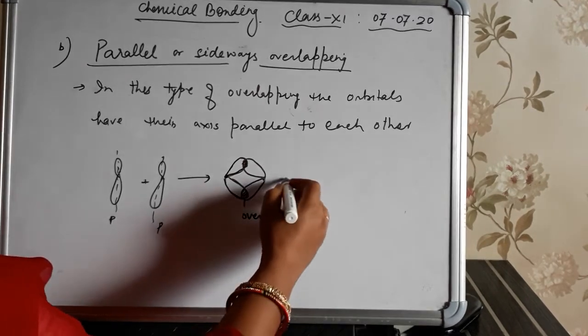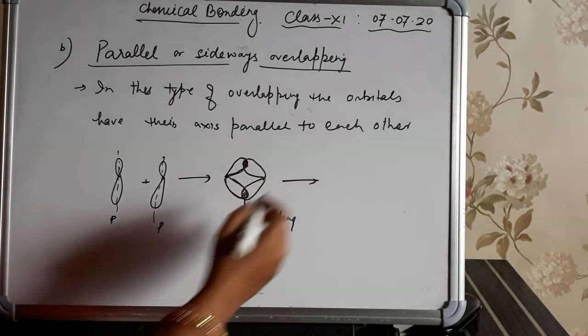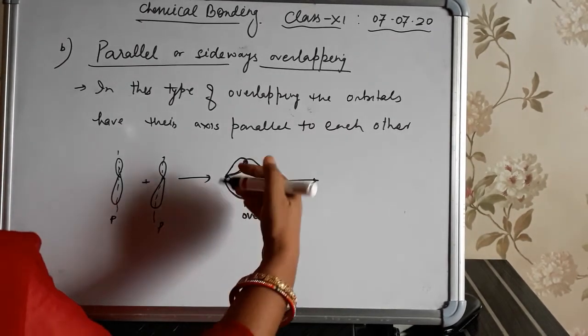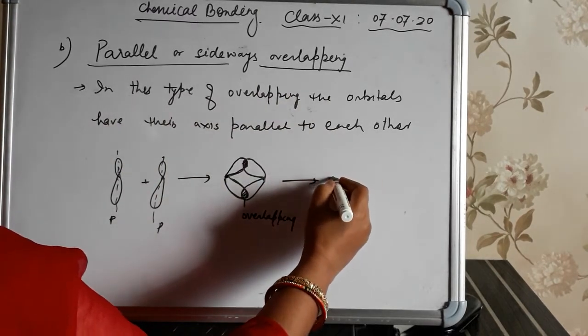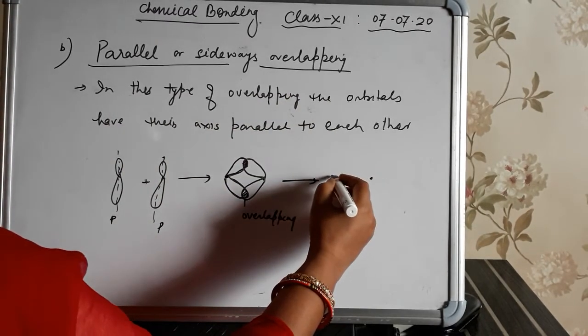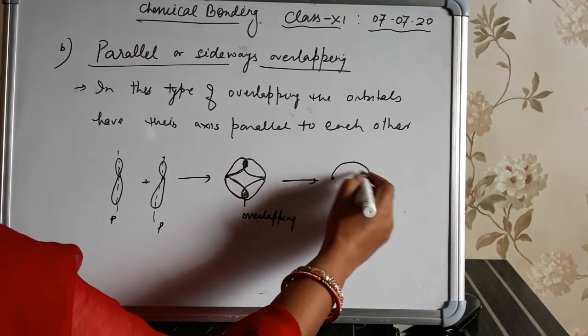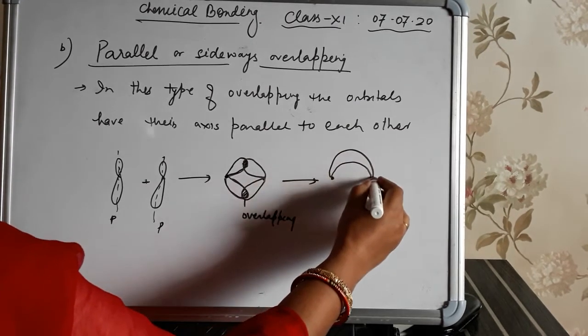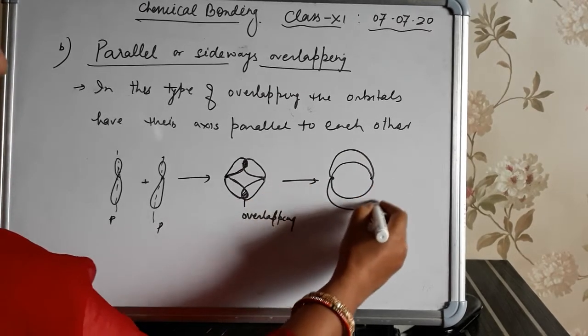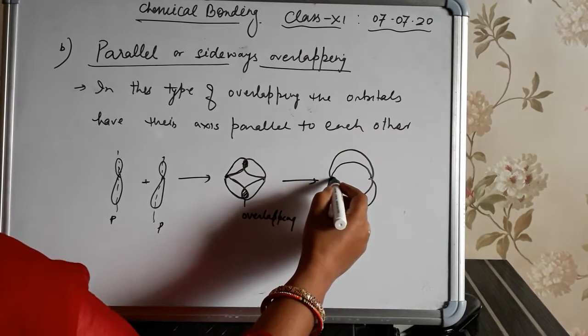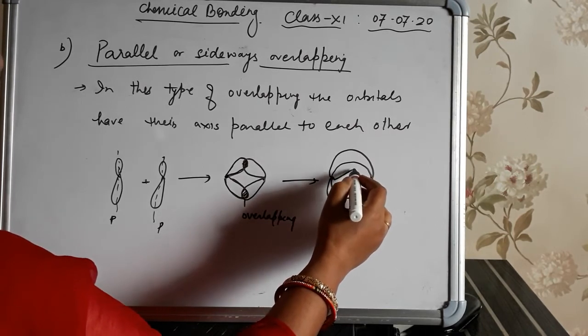And finally the electron clouds are just above the plane and below the plane. Suppose these two electrons form clouds above the plane and below the plane, like this. Suppose we draw a plane here.